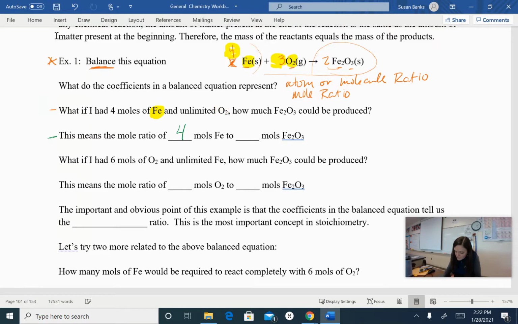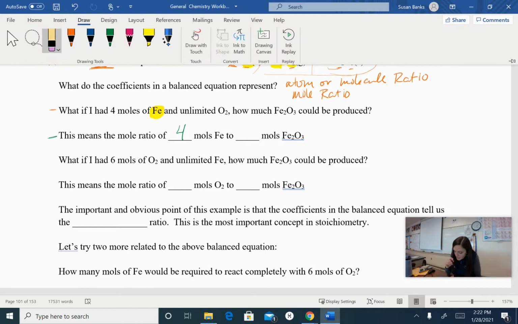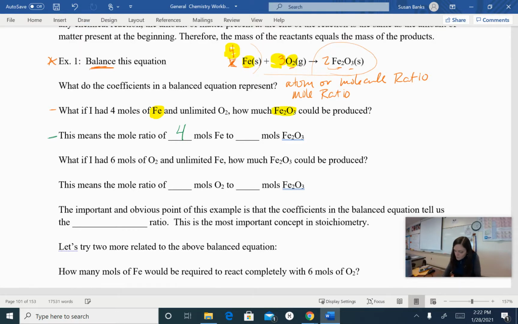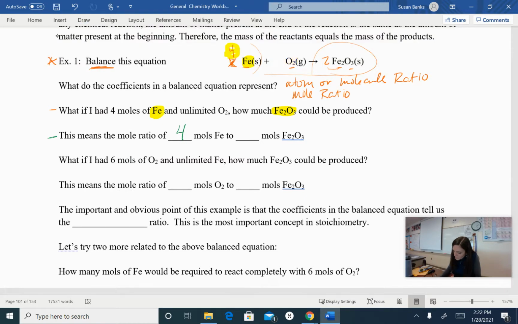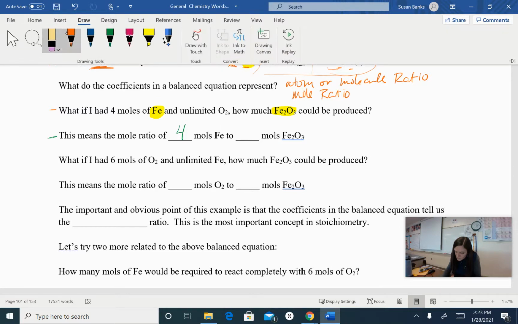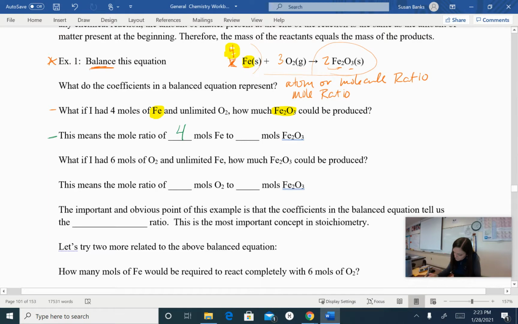It's not asking about oxygen, it's asking about iron trioxide. So I don't want to look at my moles of oxygen. This is why it pays to really read the question, which I did not do. So let's put a 3 in here.